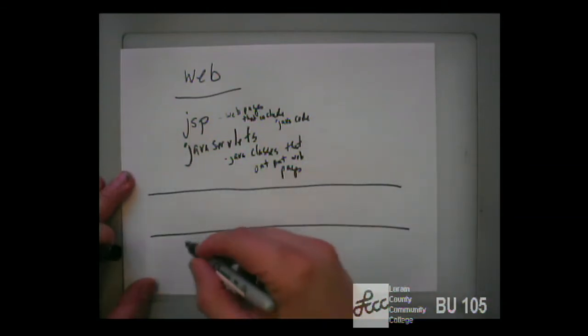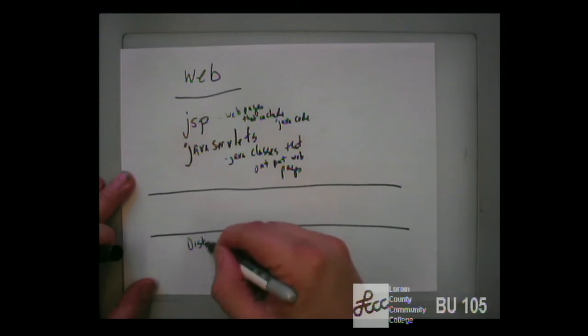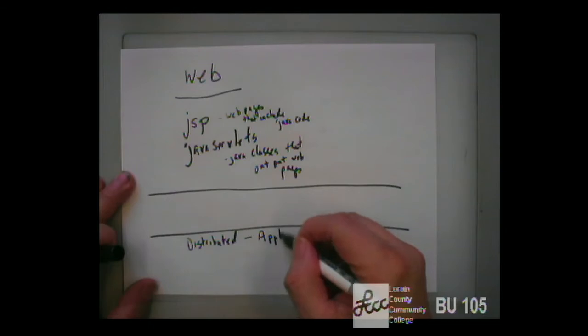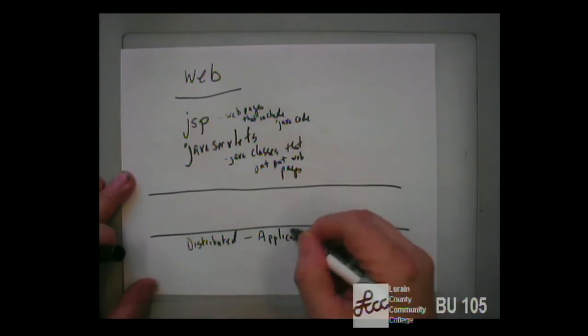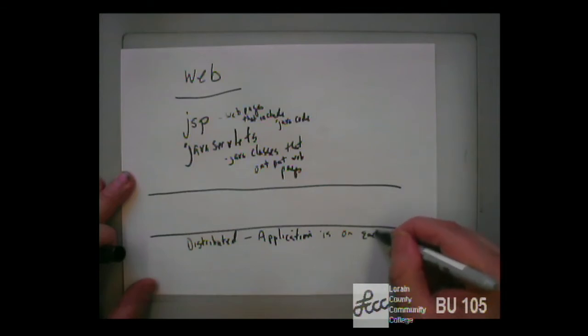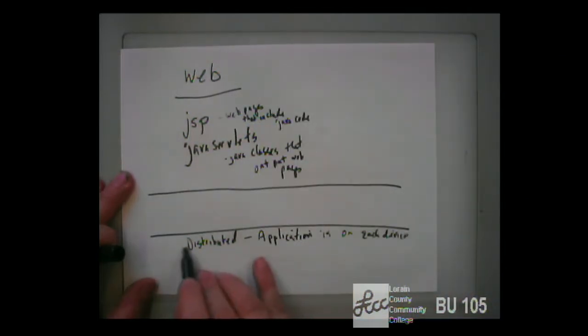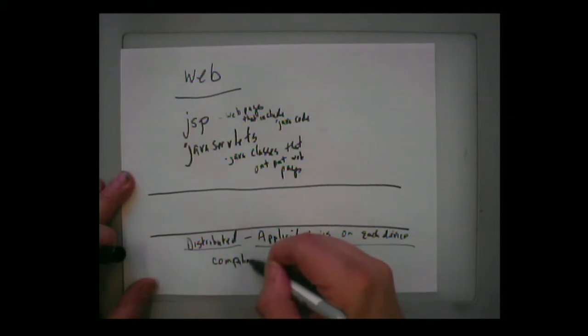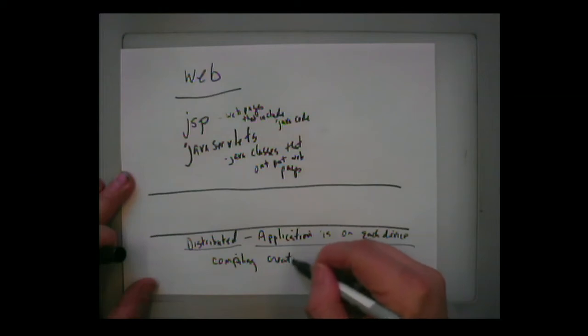Another option is sort of the distributed option, where the application is on each device, so instead of having one centralized place, a web server that you access, having it on each device would be something like compiling and creating a jar.